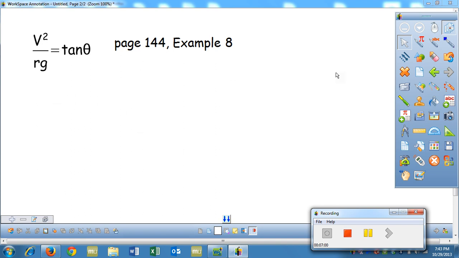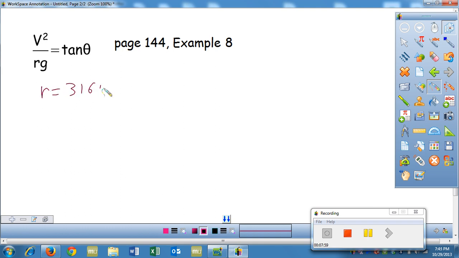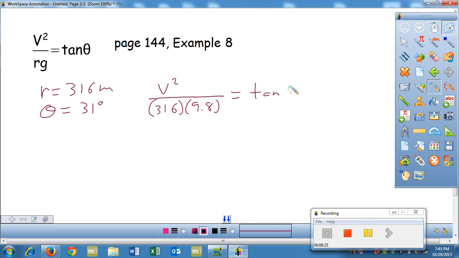Okay, so let's see what we've been told here. We've got r equals 316 meters and theta equals 31 degrees. We're trying to find v. No problem, right? v squared over 316 multiplied by 9.8, which is g, equals tangent of 31.